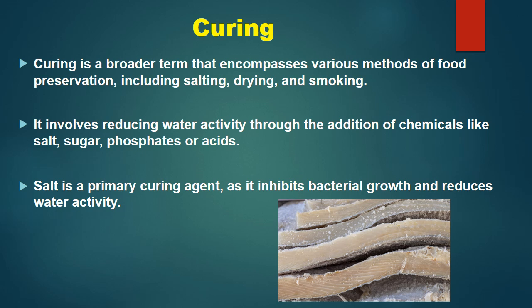Here the salt is the primary curing agent and it inhibits overall bacterial growth and reduces the water activity, and also increases the osmotic pressure. So altogether it's an antimicrobial role from the salt, and that's why it's a simple, easy preservative. But when it is done in a scientific way along with other ingredients, then in modern science we call it curing.